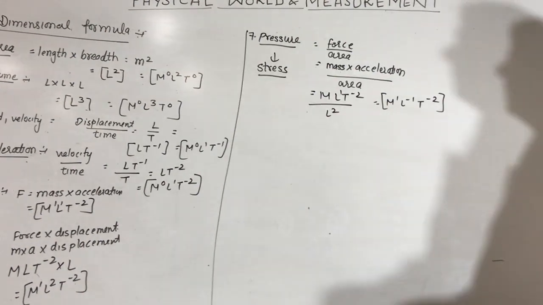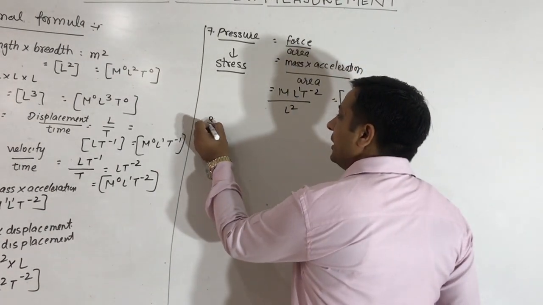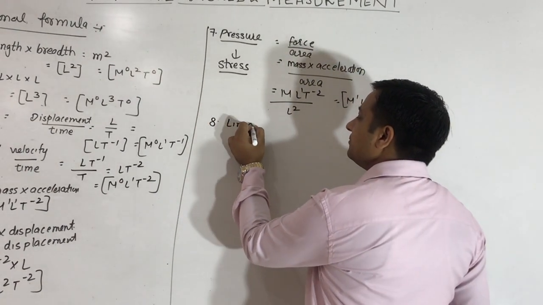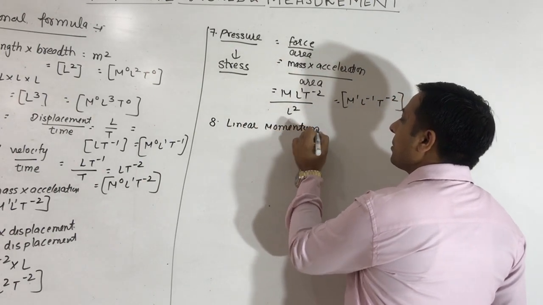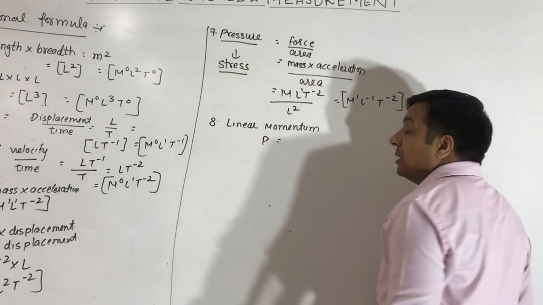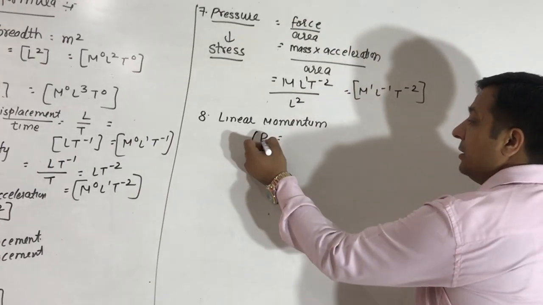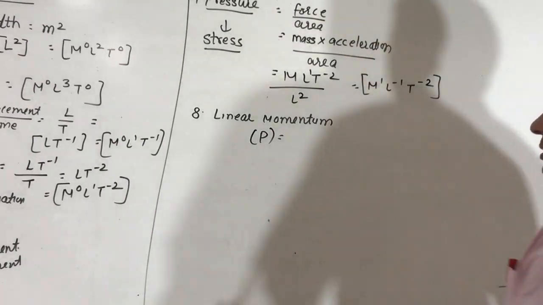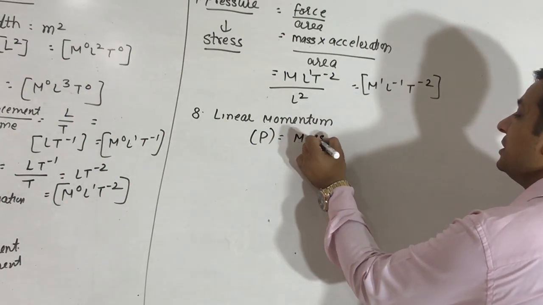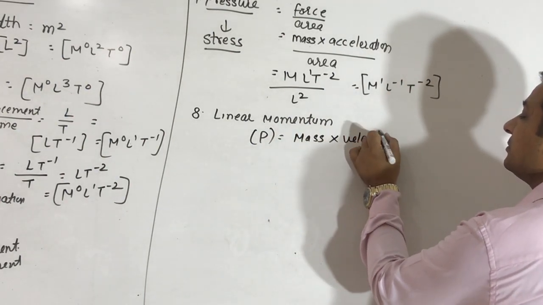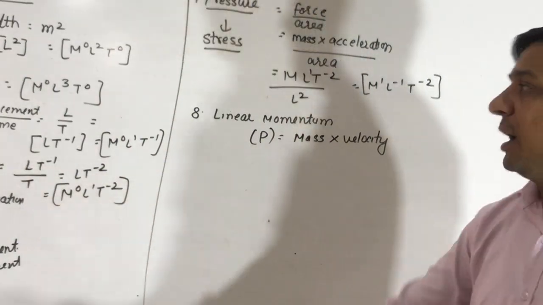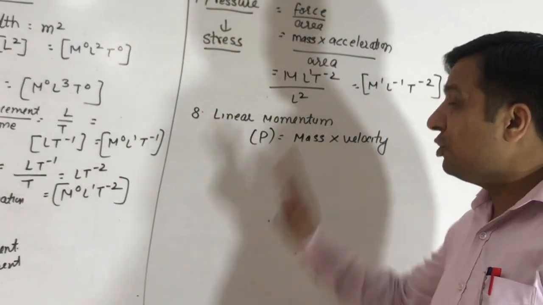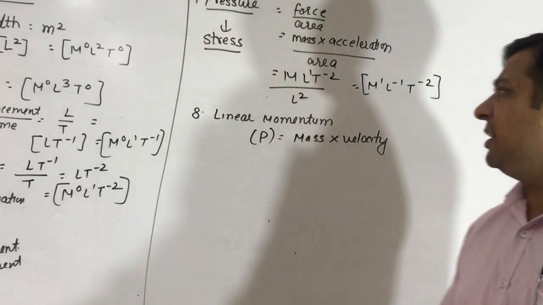Energy, volume, and the very important term, linear momentum. Linear momentum is denoted by P, mass into velocity. Dear students, these quantities are very important, and you can derive most other formulas with the help of these quantities.